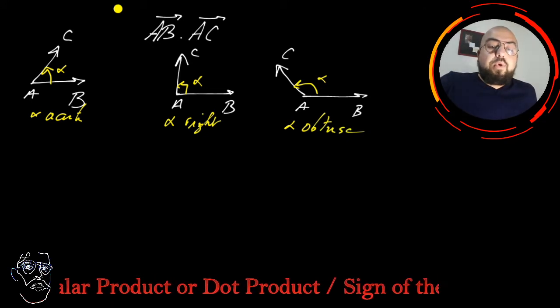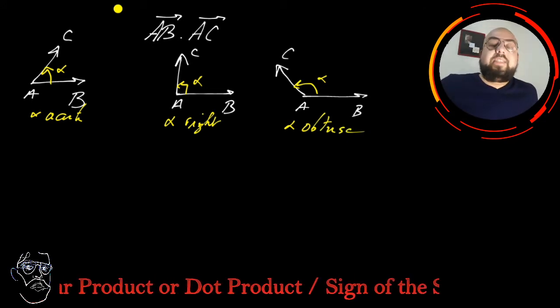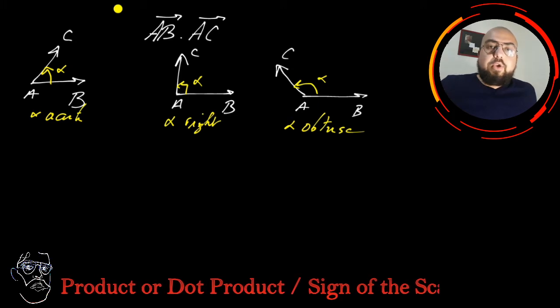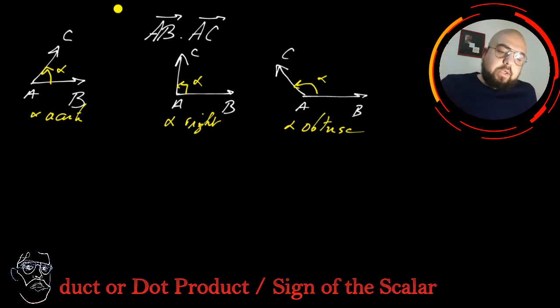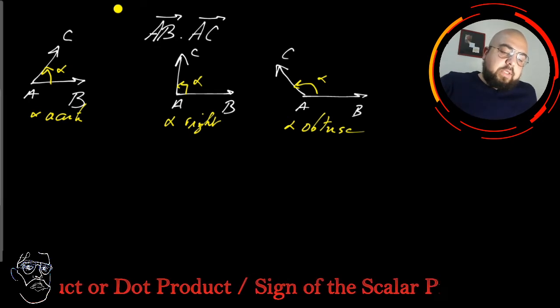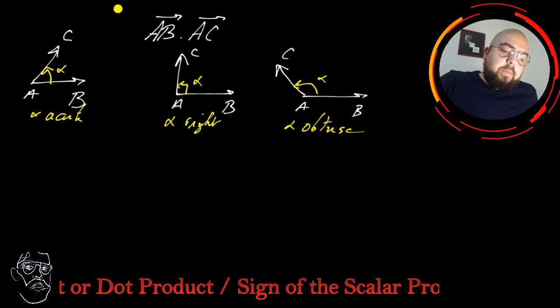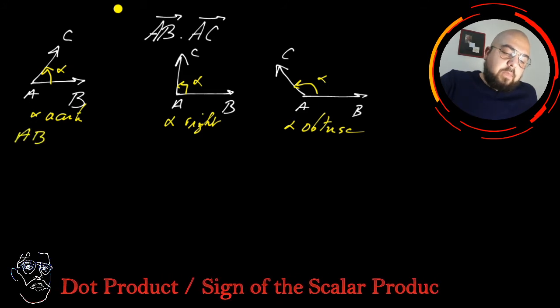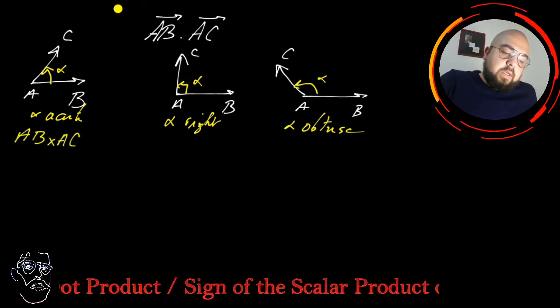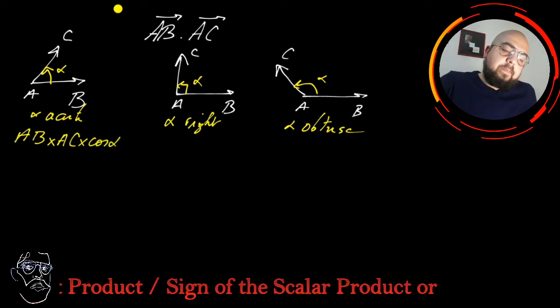What happens with the scalar product when alpha changes its value? Whenever it's acute, cosine of an acute angle is positive. So let's use the definition. We know that AB scalar AC is equal to AB times AC times cosine alpha.